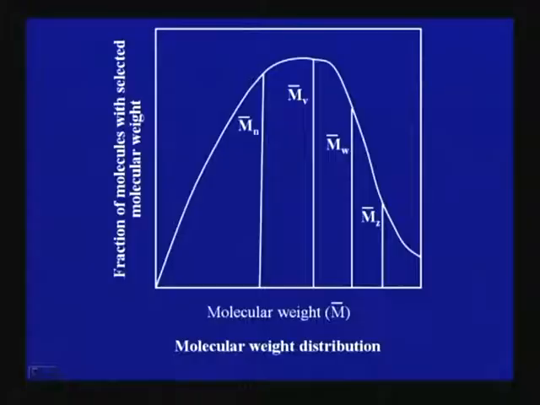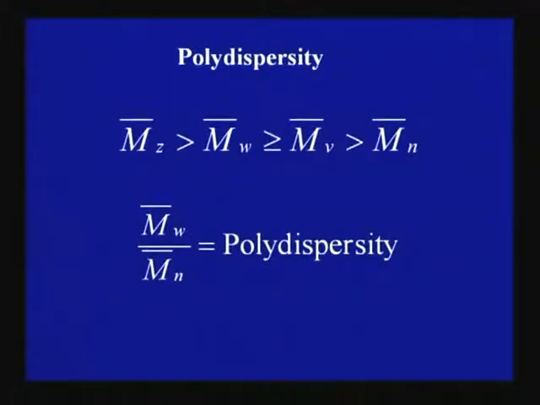Okay. So, the relation is, look at this: Mz bar is greater than Mw bar, which is greater than or equal to Mv bar, which is greater than Mn bar. Mn bar is the lowest, and the ratio of these parameters, Mw bar over Mn bar or Mz bar over Mn bar, is known as the polydispersity.